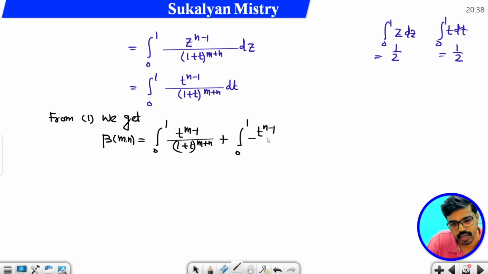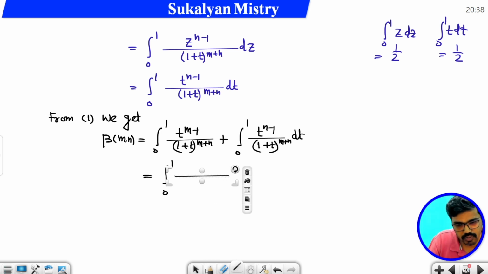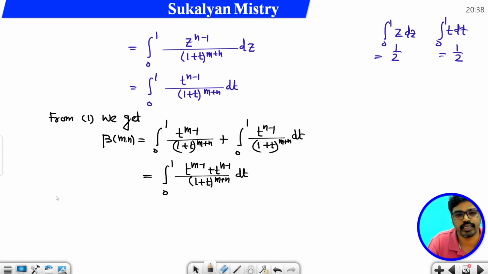n minus 1 divided by 1 plus t to the power m plus n dt. That means ultimately we get integration 0 to 1 t to the power m minus 1 plus t to the power n minus 1 divided by 1 plus t whole to the power m plus n dt.